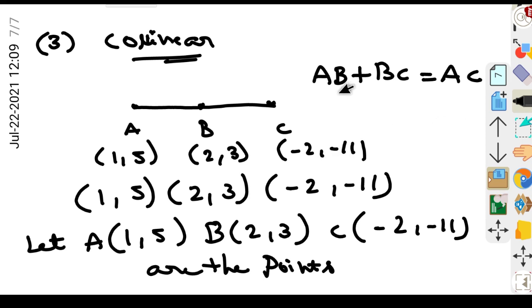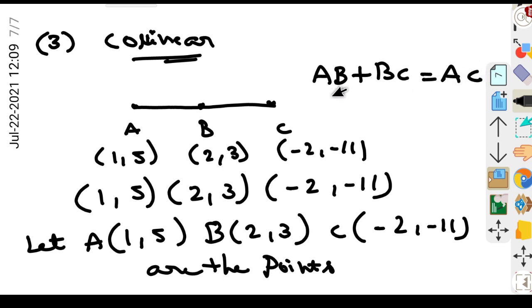How? Simple. First take the 2 coordinate points of A and B, apply the distance formula and find the distance between AB. Afterwards find the distance between BC by taking the coordinate points of BC. The next step is to take the coordinates of AC and find the distance between AC.